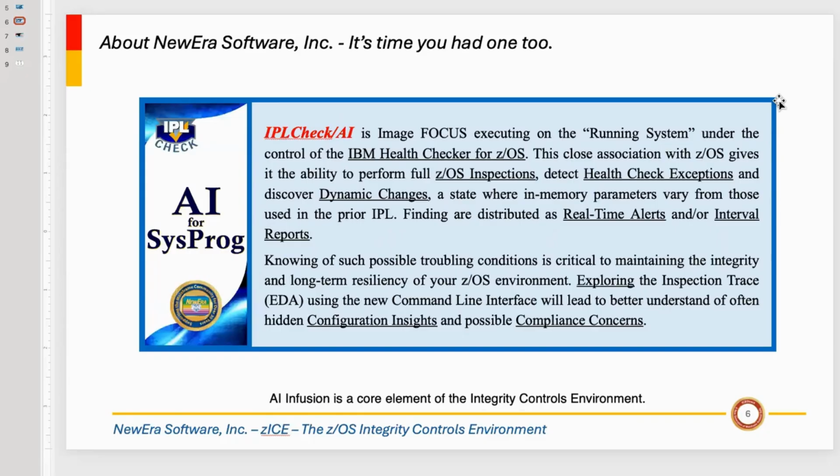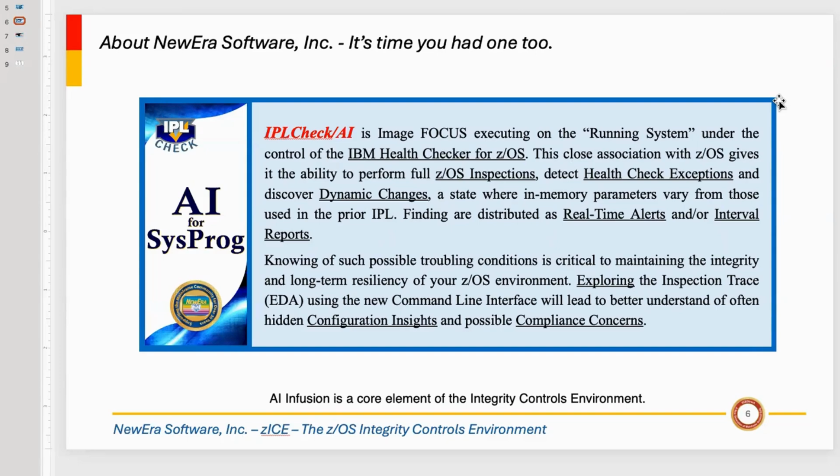Of course, what we're specifically talking about here is IPLCheck AI. And to be clear, IPLCheck AI is image focus, but it is running exclusively under the IBM Health Checker for z/OS.